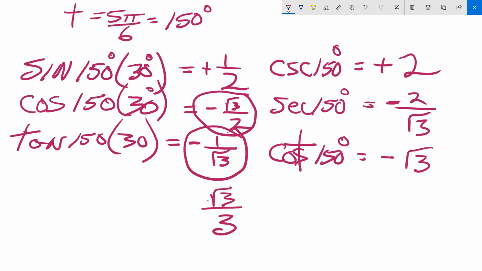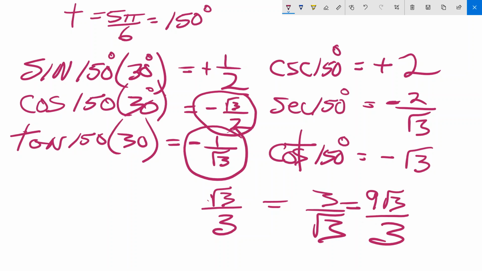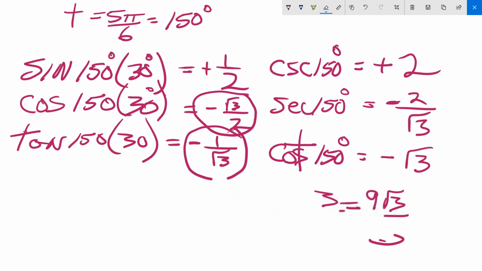And then when I go to find the cotangent and flip it, I get 3 over root 3. Now I got to rationalize that, and I get 9 root 3 over 3. It becomes unnecessarily cumbersome to rationalize because so frequently we're taking the reciprocal.